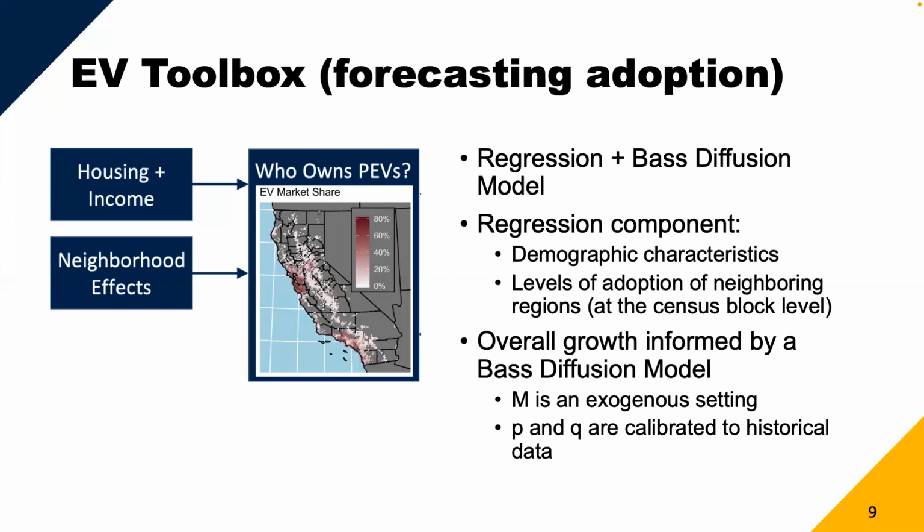The other variables included are the suite of typical things you would include for demographics: age, education, gender breakdown. What else is in there? I think they have race in there. But these ones tend to do the best in terms of explaining.